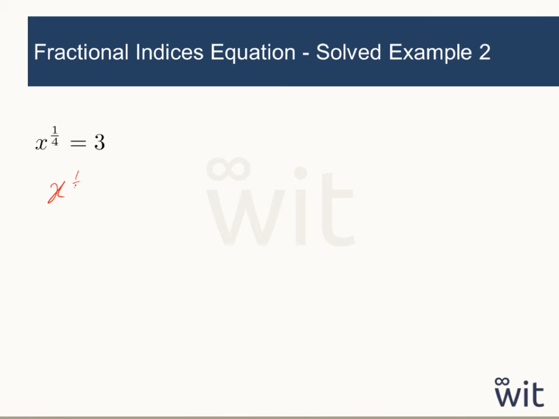So we have x raised to the power of 1 over 4 will be, to take this to the other side, multiplying 3 in 4 places, because this is the same thing as finding the 4th root of the variable x. If you recall from our first example of fractional indices, that states x raised to the power 1 over a will be equal to the a-th root of x. And so that's why we have 4 here.